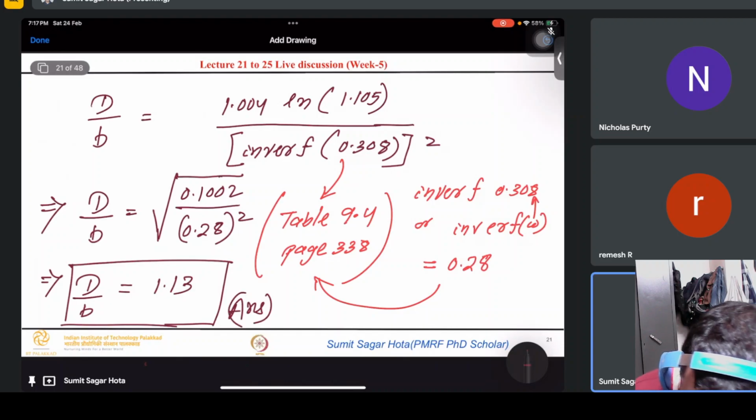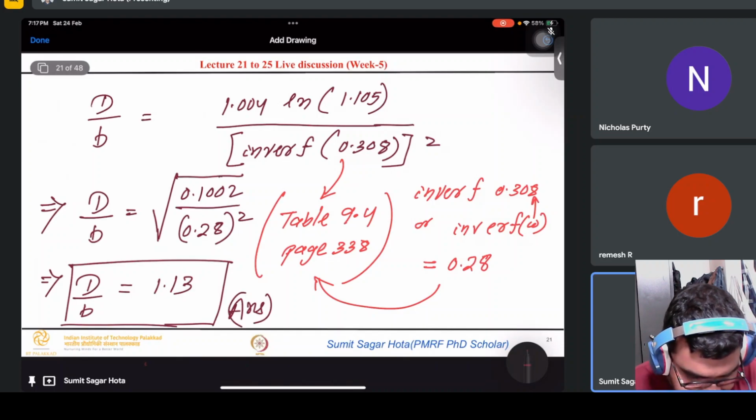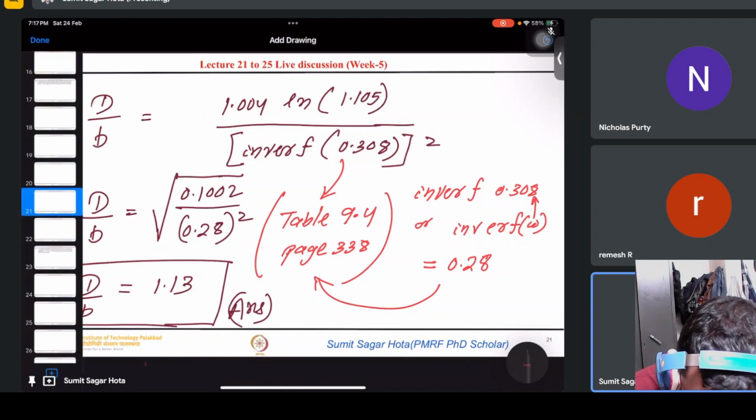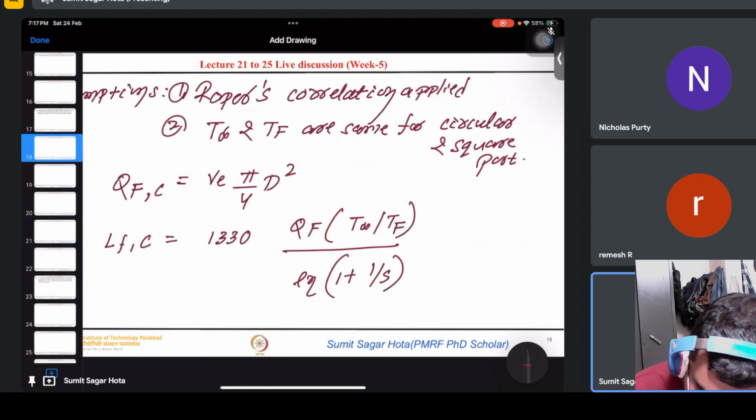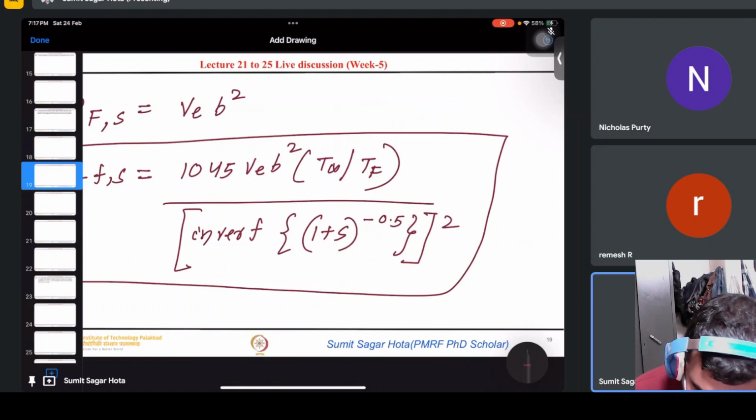Directly this much big a question they won't ask. They can ask you directly what is the flame length of the circular port or the flame length of the square port. They can ask you an error function related question.